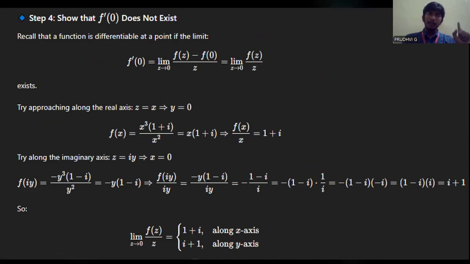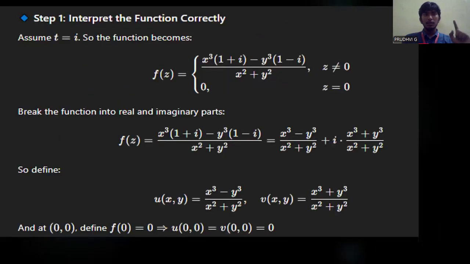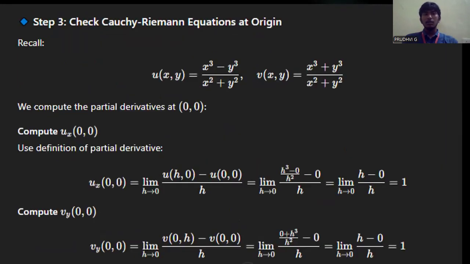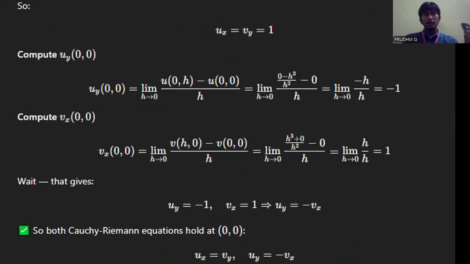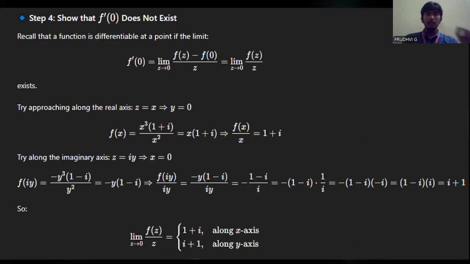And the final step is that we need to differentiate the initial function, x cube into 1 plus iota minus y cube into 1 minus iota by x square plus y square. This needs to be differentiated, and the value which we need to substitute here is 0.